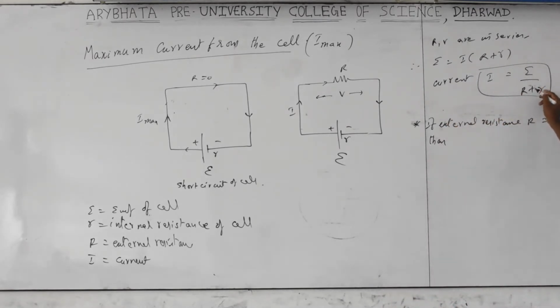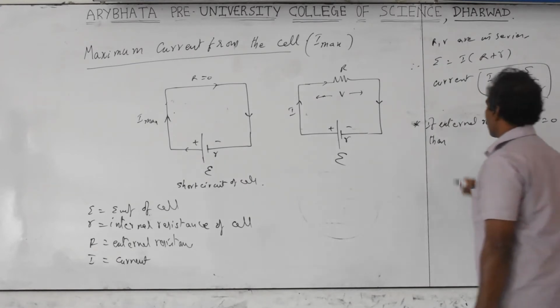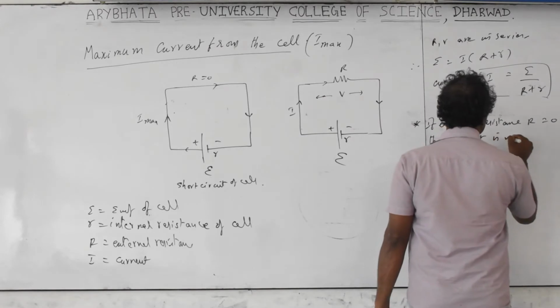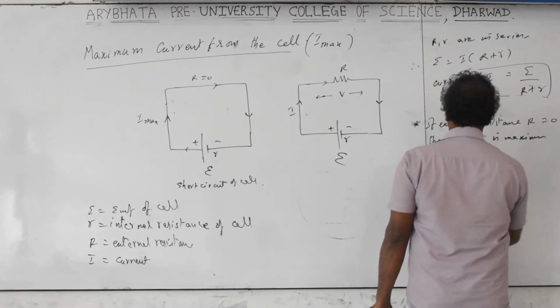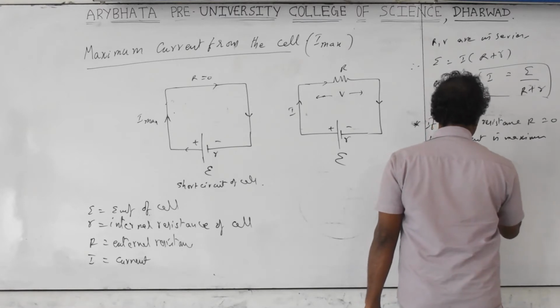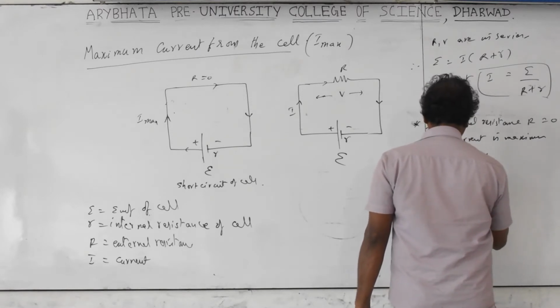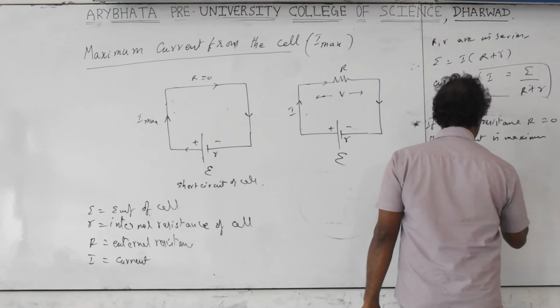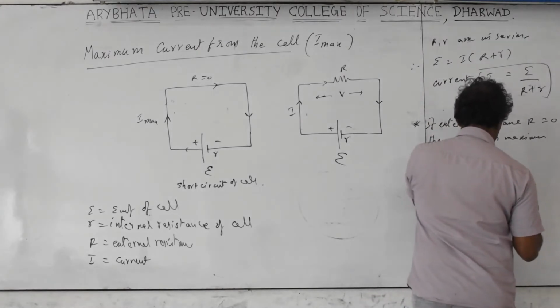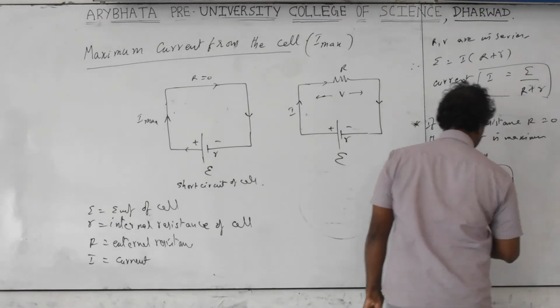Resistance is in the denominator. Whenever the resistance decreases, the current becomes maximum. Then current is maximum. I becomes I maximum, and the I maximum formula becomes E by small r. This maximum current is limited or controlled only by the internal resistance.